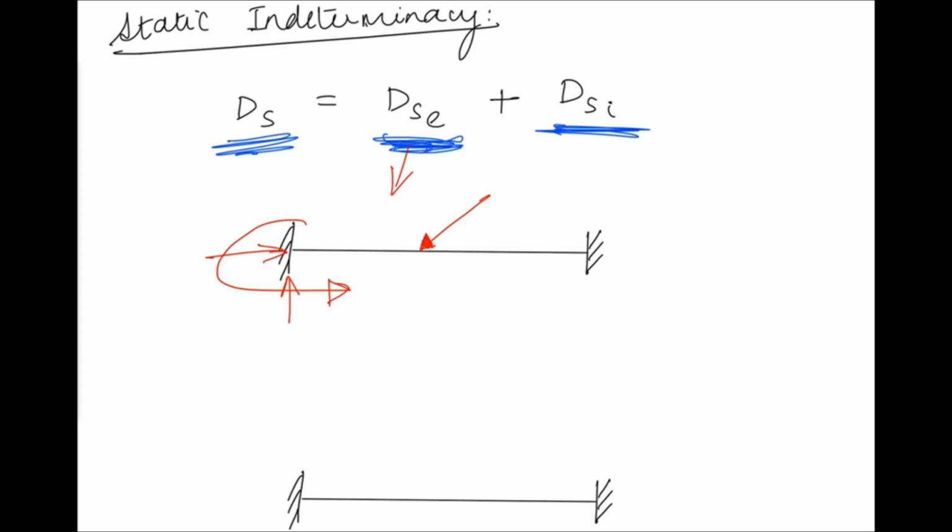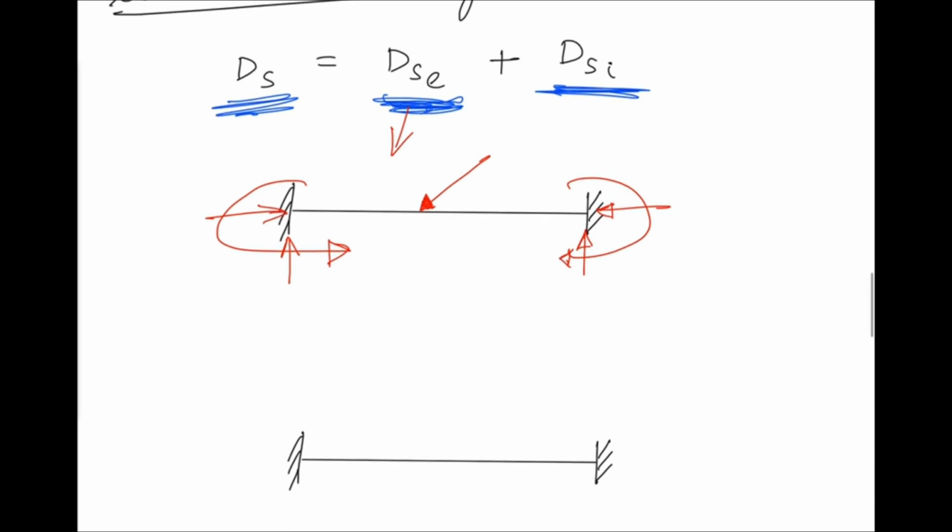Same thing goes for this side also. You have these horizontal reactions because of the components of this force. This is the resultant force. If you divide it into components, you get a horizontal component and a vertical component. According to that, the reactions develop on both sides.